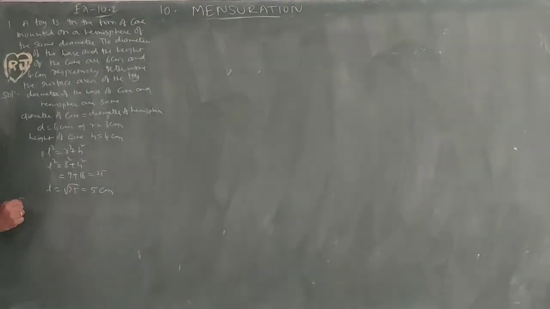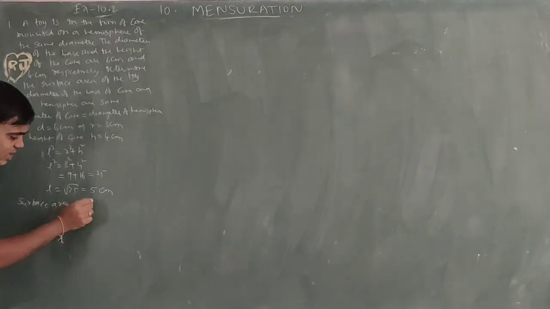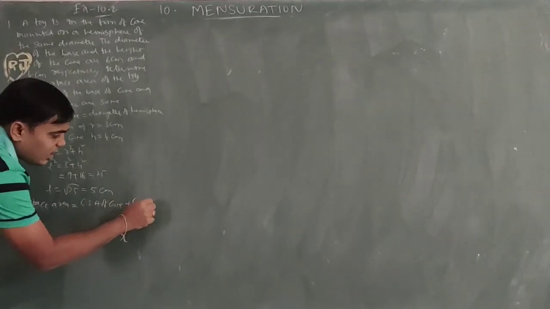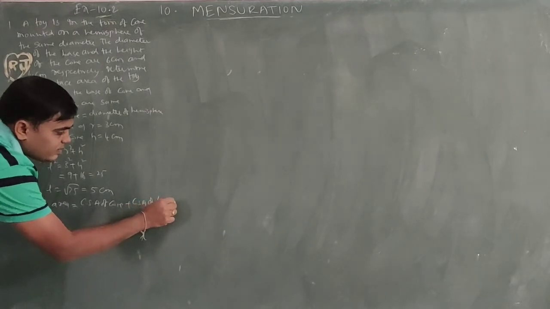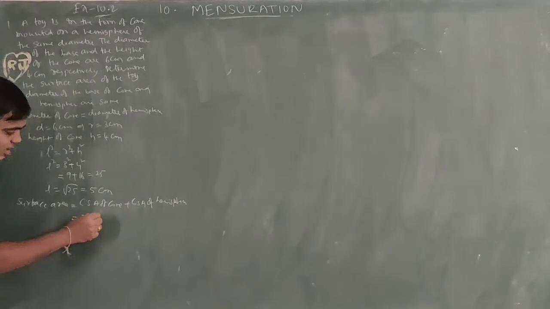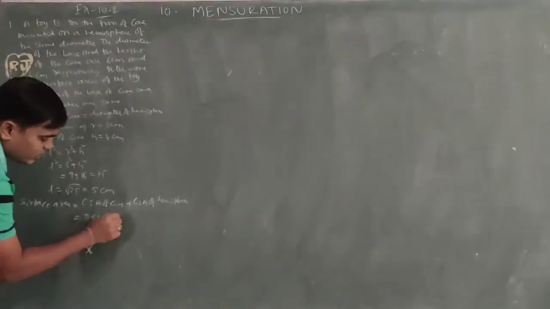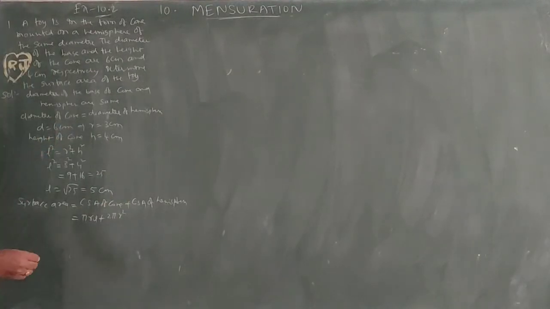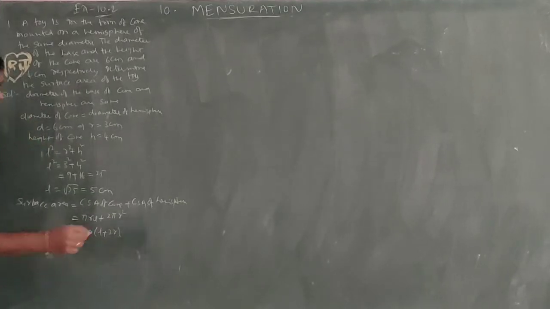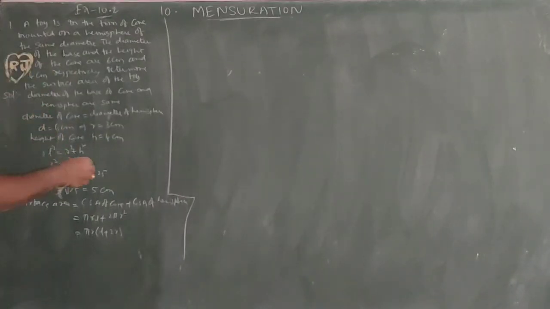So surface area equals CSA of cone plus CSA of hemisphere: pi r l plus 2 pi r squared. Pi r is common, so it is pi r times (l plus 2r).